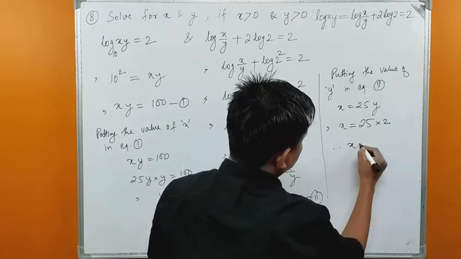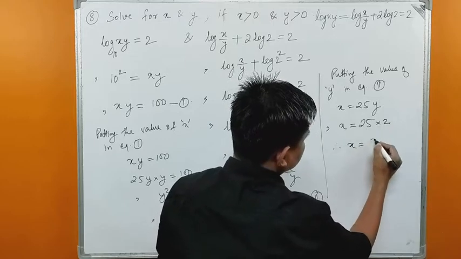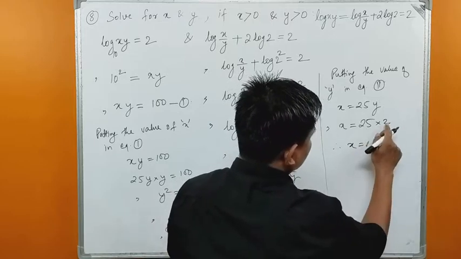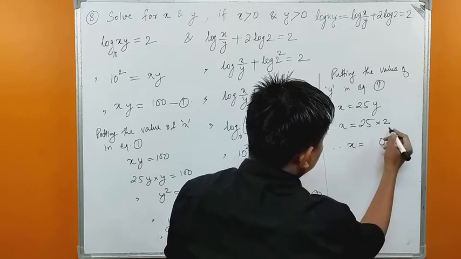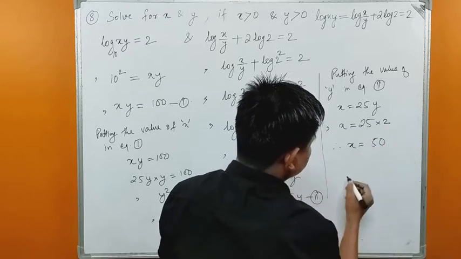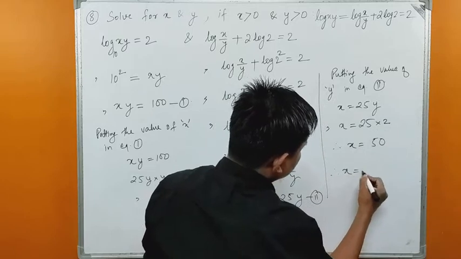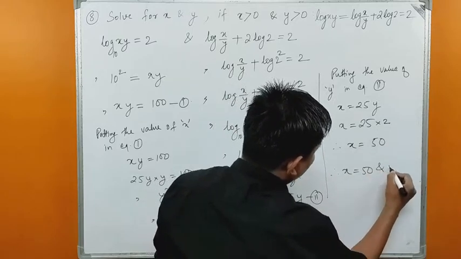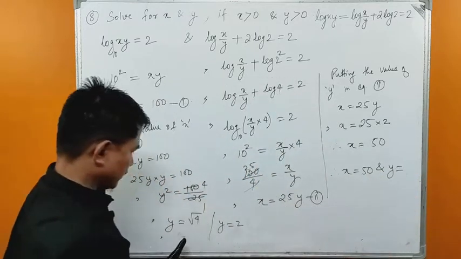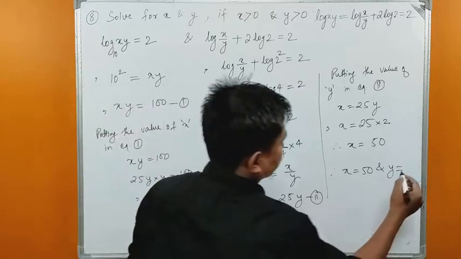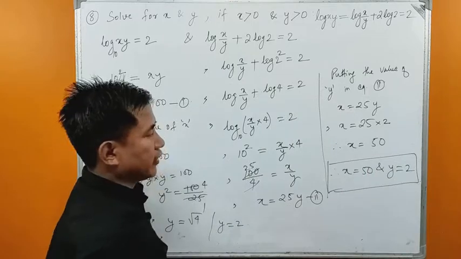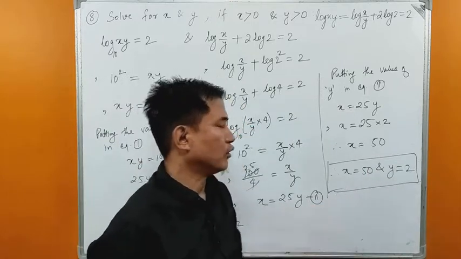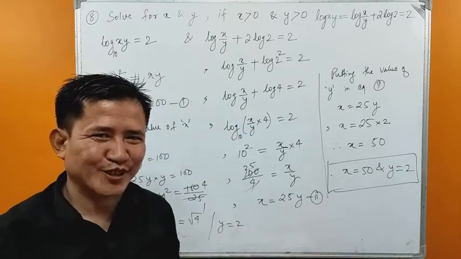Therefore x equals 2 into 25, which is 50. 2 5s are 10, 2 2s are 4 plus 1 is 5, so 50. Therefore x equals 50 and y equals 2. We were asked to find the values of x and y. The values are 50 and 2, which are both greater than 0, isn't it?